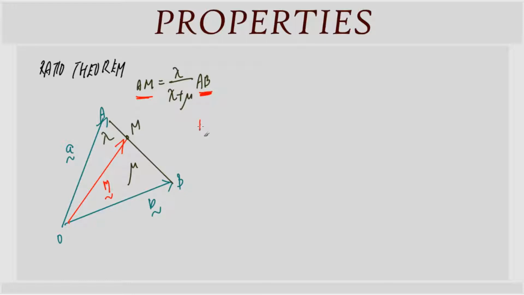So going back to our position vector formula, we have the right hand side letter minus the left hand side letter's position vectors. So it's small m minus small a is equal to lambda over lambda plus mu times small b minus small a, because it's the right side letter minus the left side letter's position vectors.